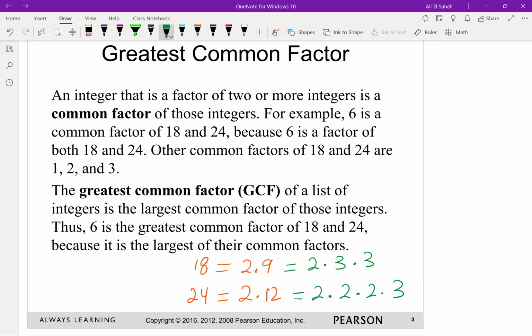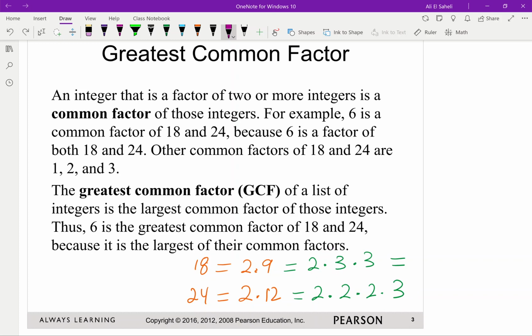The greatest common factor of a list of integers is the largest common factor of these integers. Now, as you can see here, 2 is a common factor. 3 is also a common factor, but if we factor 18 in this form, because if you look at this, this is common to both, right?